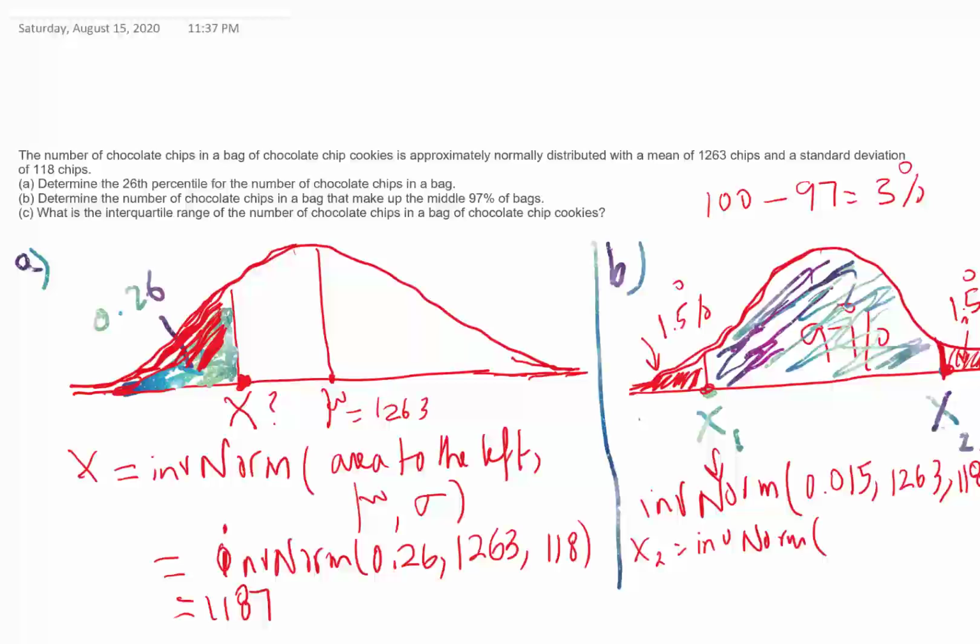It will be 98.5%, because you subtract 100% minus 1.5%, which is 98.5, but you need to change it to a decimal, 0.985, and then 1263, and then 118. And let me get you the answers for both of them. One is going to be below the mean and one is going to be above the mean.